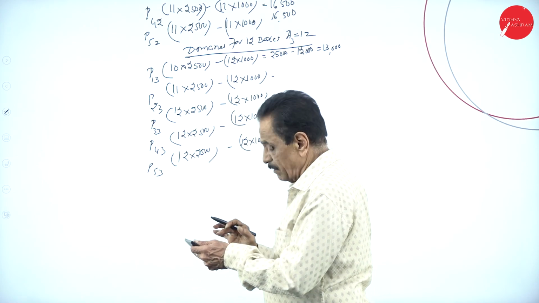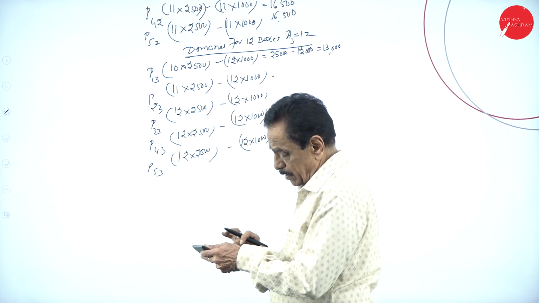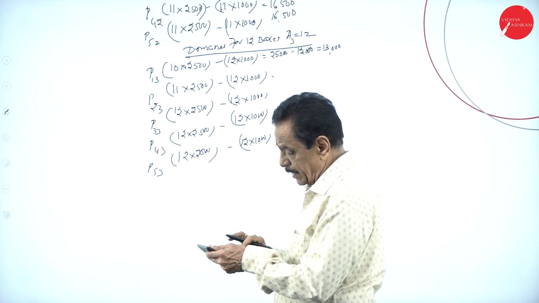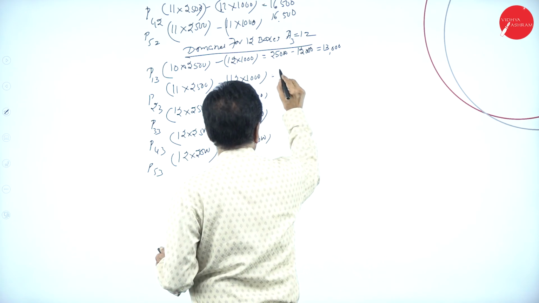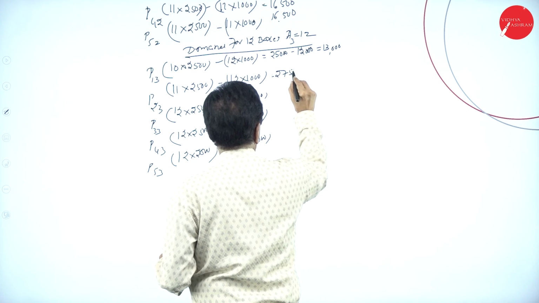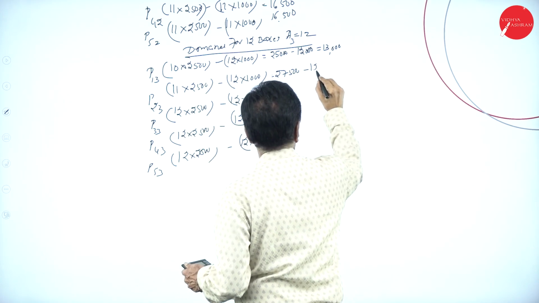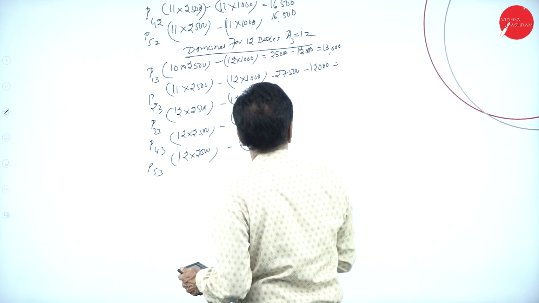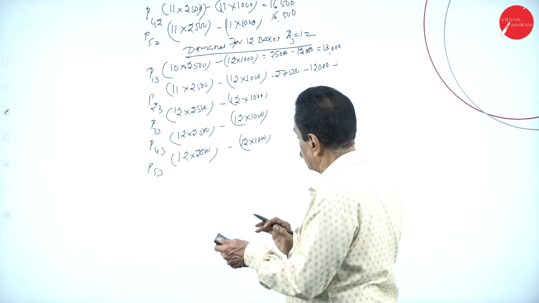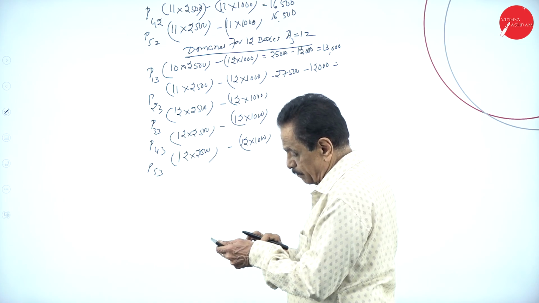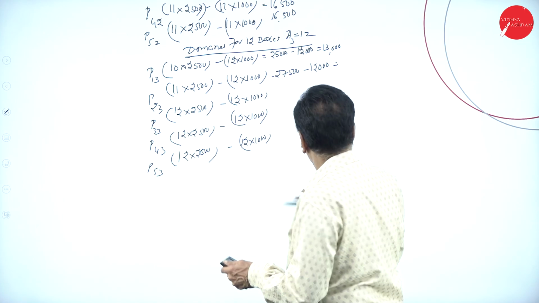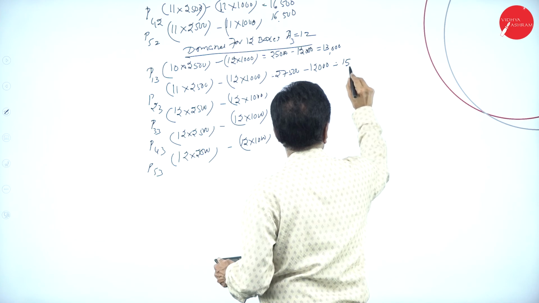Then 11 into 2,500, 27,500, minus 12,000, 15,500.